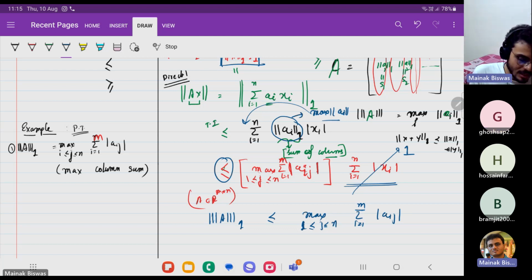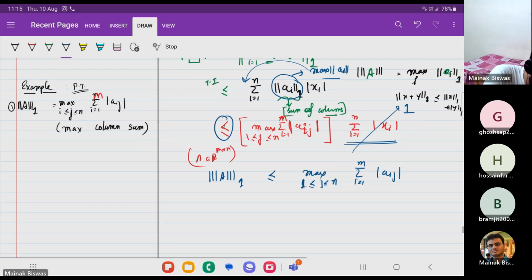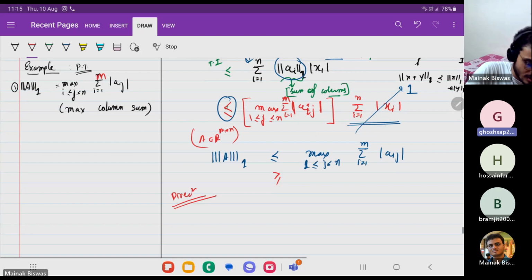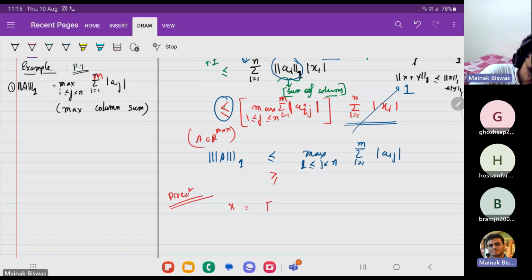The last part would be to show this side, right? Direction 2. How will I show direction 2? Let's take x as 0, 0, 0, 1, 0, 0.